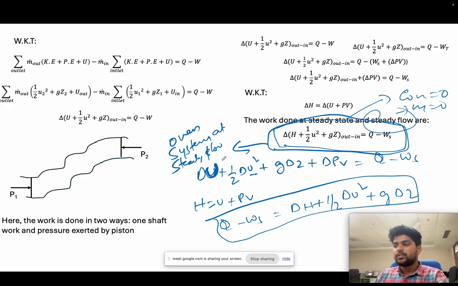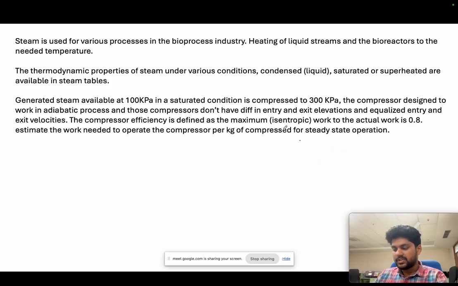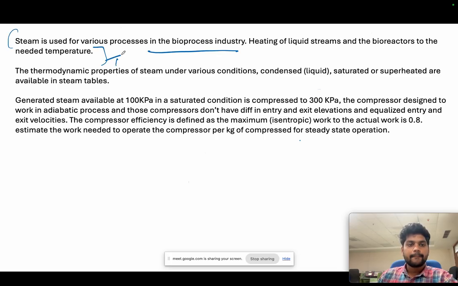So now we'll discuss this formula, which is shown in example one. You can read the question, and I'll give 2 minutes' time, then we can discuss this one. The question says a system is used for various processes in the bioprocess industry, like heating of liquids. This is like theory.